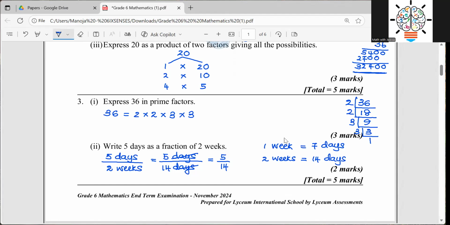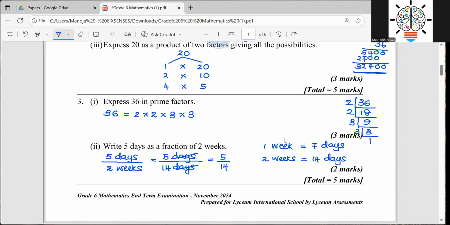But it is better to write the simplest possible answer, because we don't know what kind of answer they have given in the marking scheme, right? I know that when you are downloading this past paper, you have the marking scheme too, right? So then you can look at the marking scheme and think about the answer. But just imagine this is a past paper.